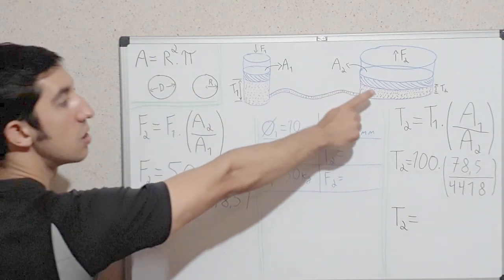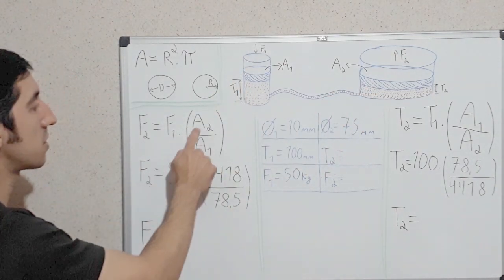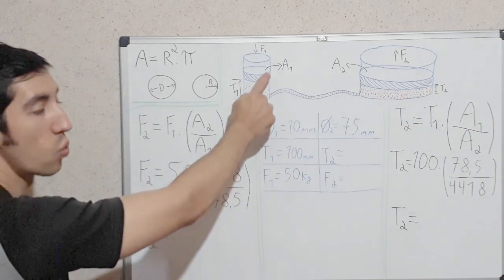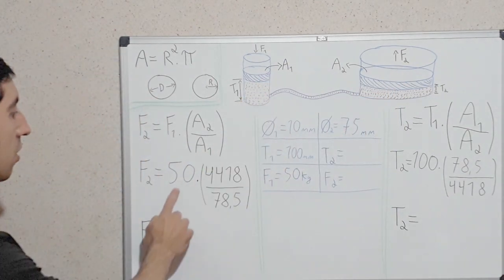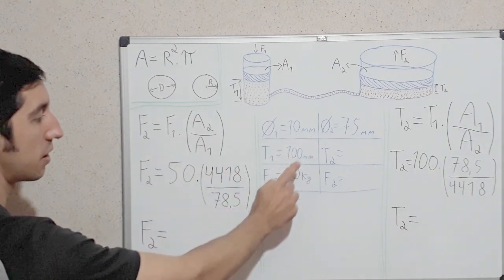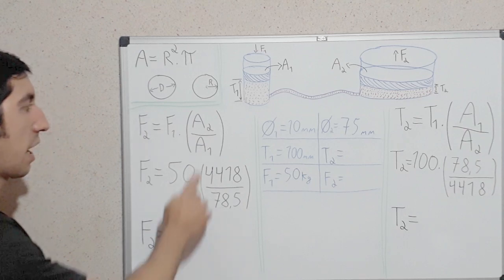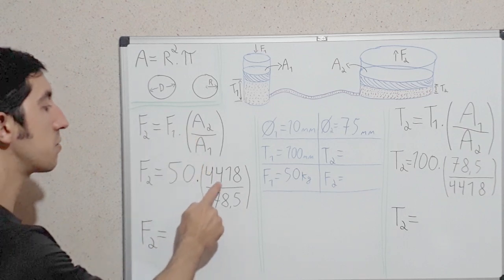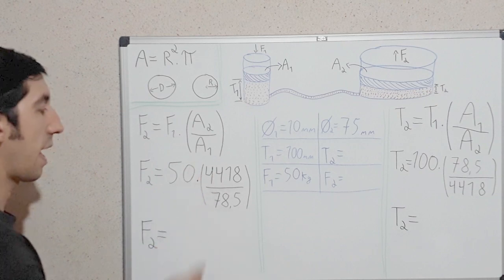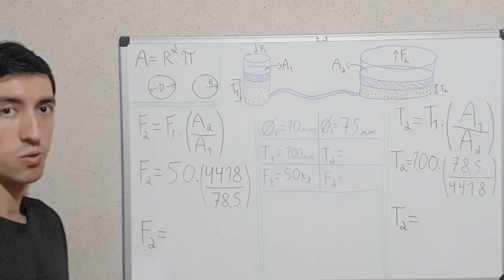So this is the formula of the force. Force 2 equals force 1 times area 2 divided by area 1. Force 1 we have 50 kilograms times area 2, which is 4,418 millimeters squared. Area 1, which is 78.5 millimeters squared.